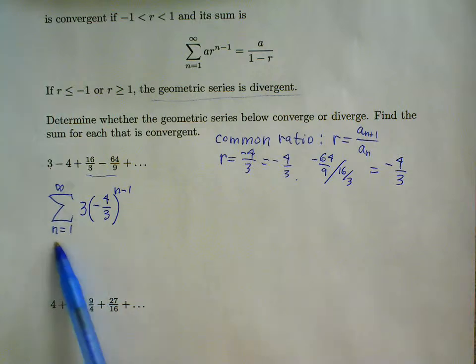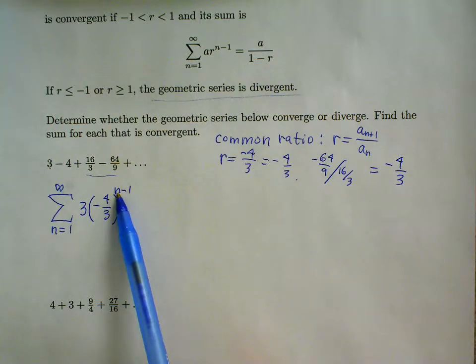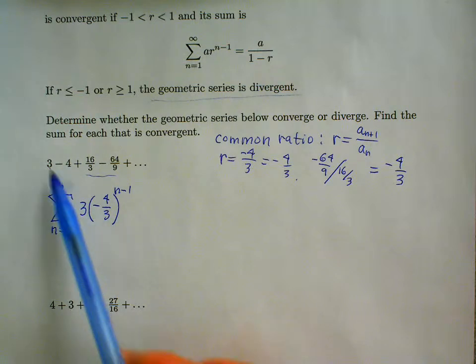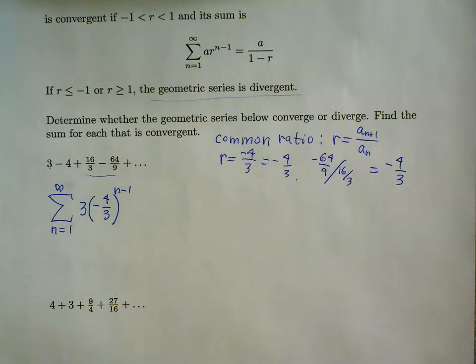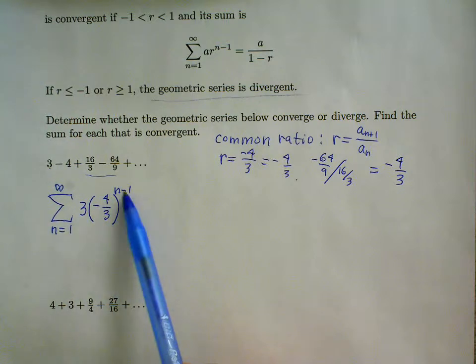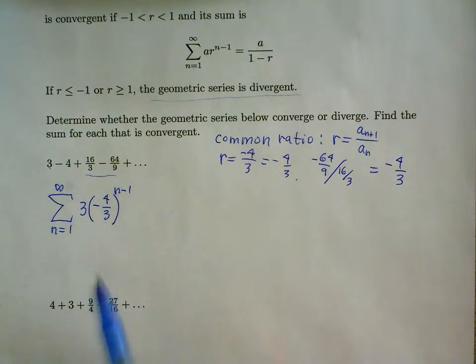When n is 1, the exponent is 1 minus 1, or 0. -4/3 to the 0 is 1, and so 3 times 1 is 3. And then when n is 2, the exponent 2 minus 1 is 1. 3 times -4/3 to the first is -12/3, or -4. See how that works?